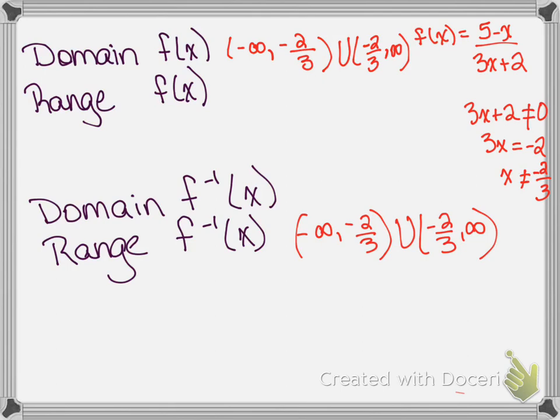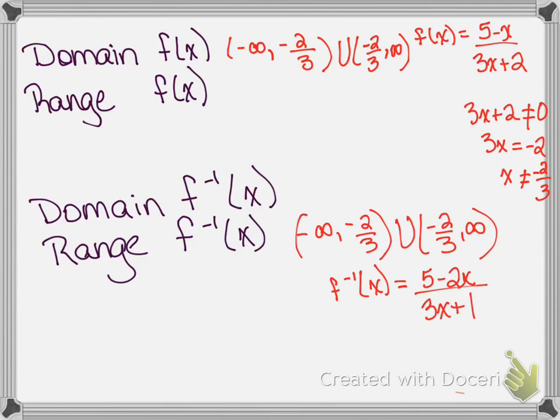The way that I find the range of my original function is I find the domain for my inverse function. So my inverse function, f inverse of x, is 5 minus 2x over 3x plus 1.